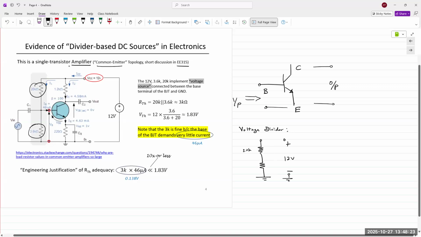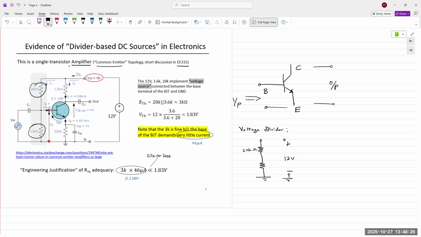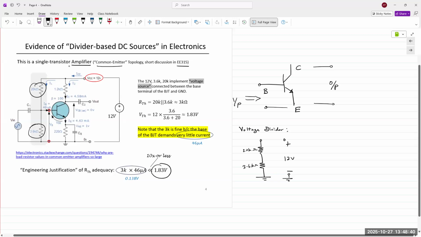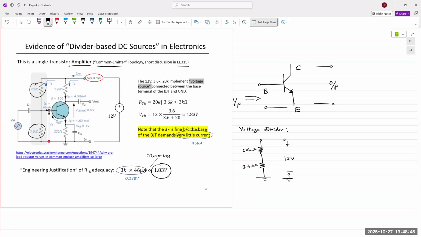Sorry, it's not 20, it's 12 volts. And this is 20K, and this is 3.6K. So at the midpoint in the middle, you're taking the voltage across the 3.6 kilo ohm resistor. If you measure that voltage, it's around 1.83 volts or less. Okay, 1.83 volts or less.